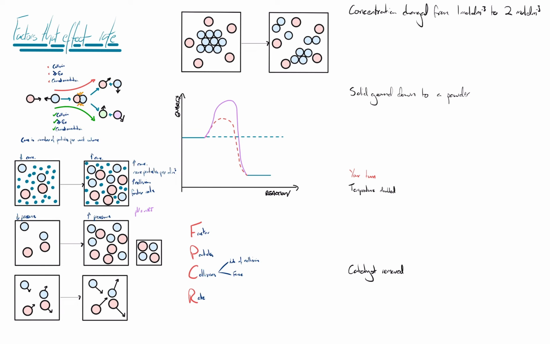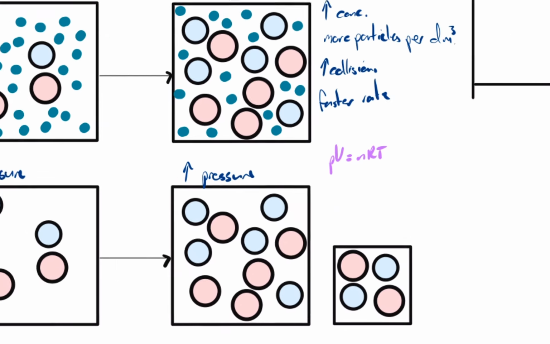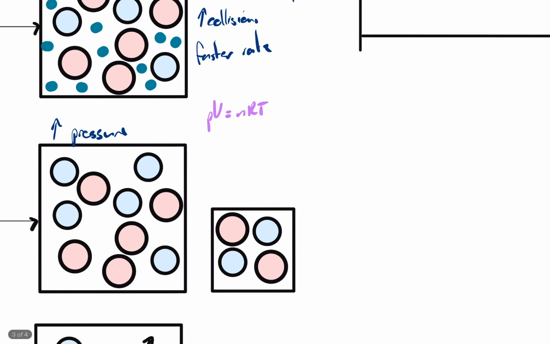So again, let me move this across. We've got a bit more space to write stuff here. So moving from the low pressure to the high pressure, we've got an increase in pressure.